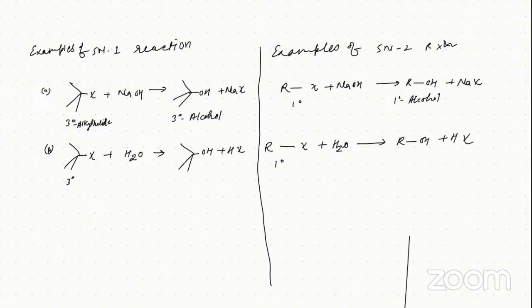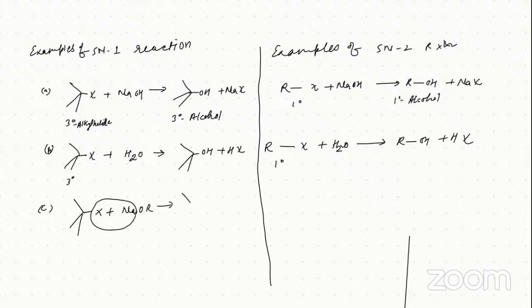Third one, a 3 degree alkyl halide treated with NaOR. What is going to happen? This one is going to go out.